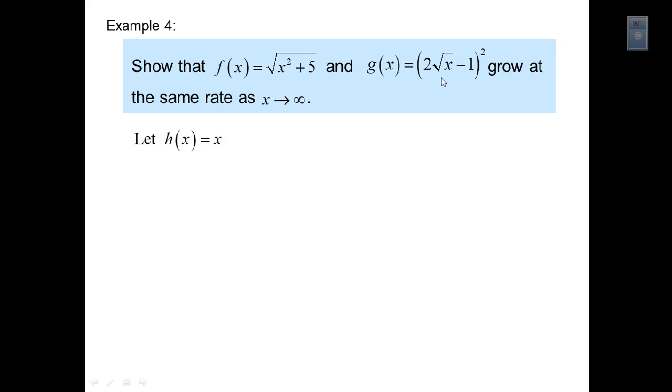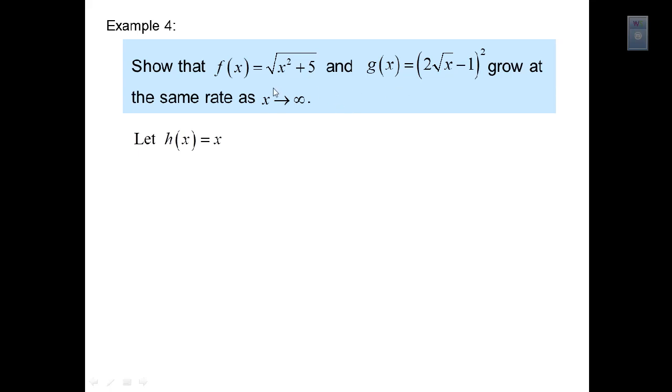Same thing here. If we have 2 square roots of x minus 1 and we're going to square this thing, then as x goes off to infinity, that negative 1 is going to be negligible even though it's squared, and we're going to end up with the square root of x squared. It's going to be similar to x. The 2 doesn't really have a thing to do with it.